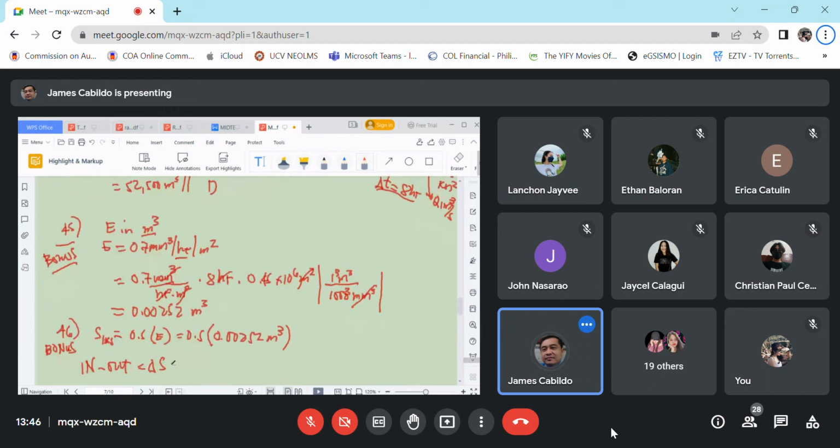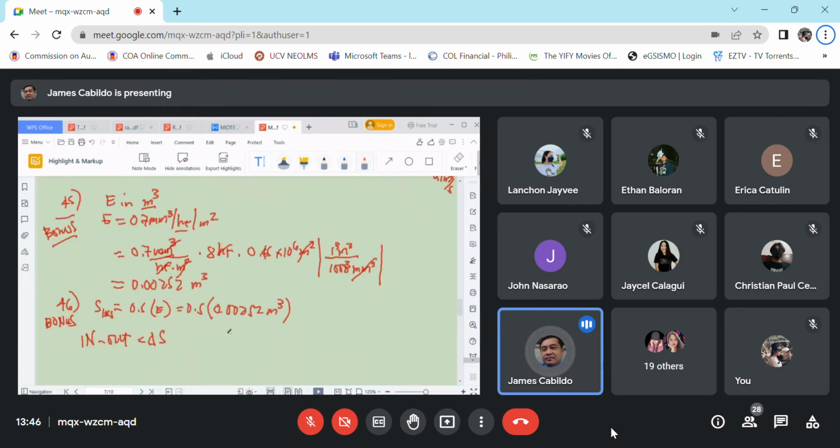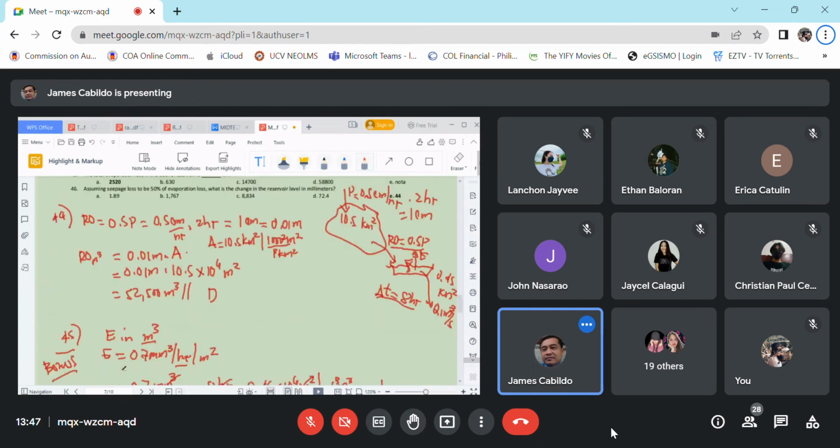Okay, sa reservoir. Alright, so ano ba yung mga in sa reservoir? Ang in sa reservoir ay yung runoff na nanggaling sa watershed. Ano yung losses niya? Yung Q, marahil ginagamit sa patubig. Yung E, evaporation. At saka, merong nadagdag yung seepage.